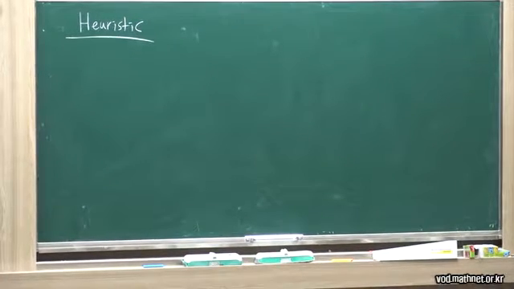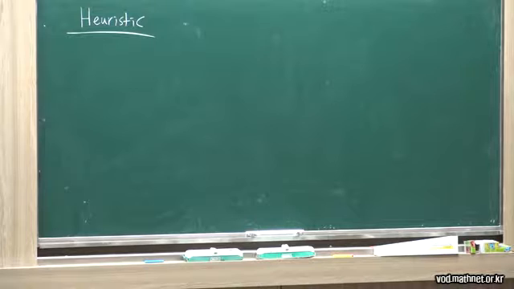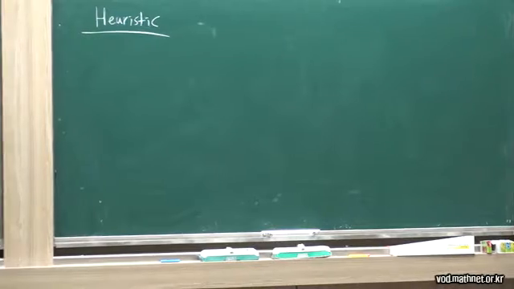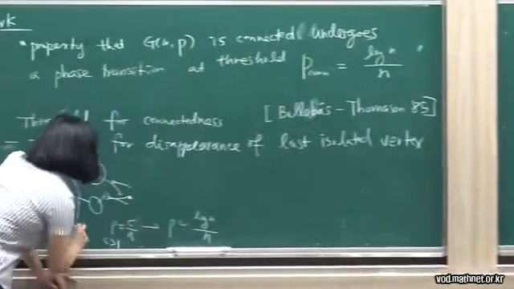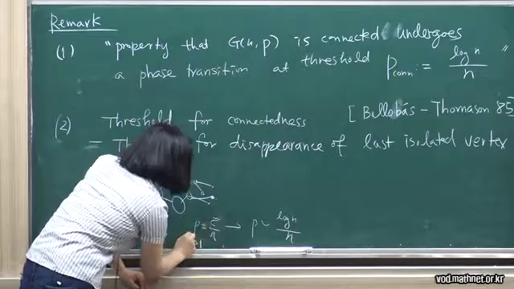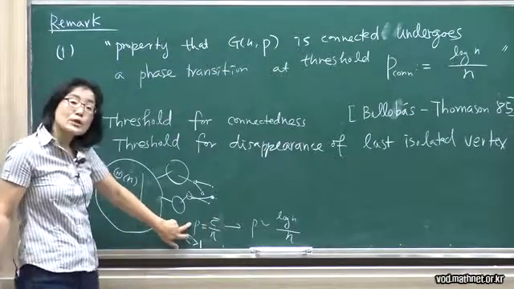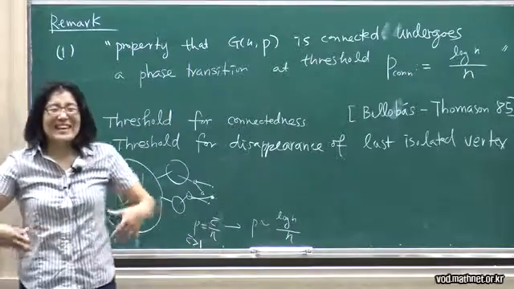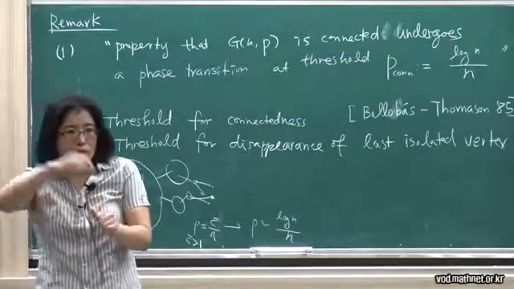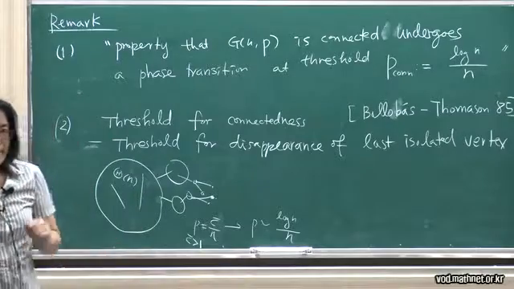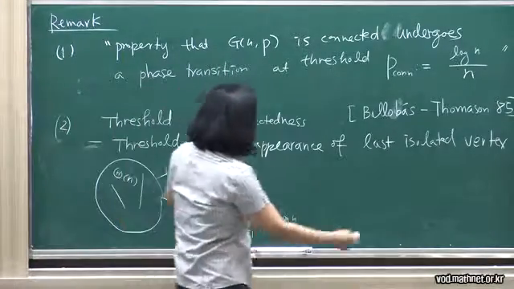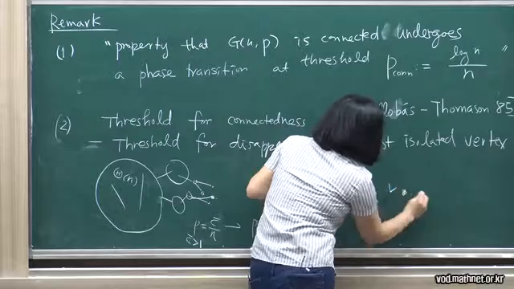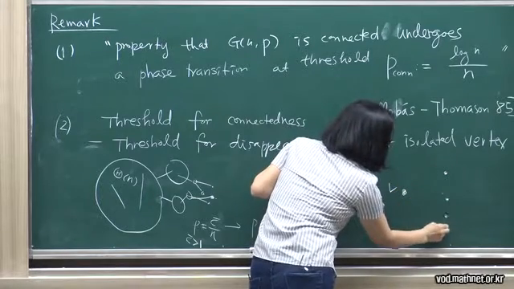Instead of 1 over n, if I want to write it more precisely, you have to write it in this fashion: C bar over n, where C bar is a constant which is larger than 1, which means the expected number of neighbors of each vertex is C bar. Why? Because for each vertex v, I have n minus 1 potential neighbors.